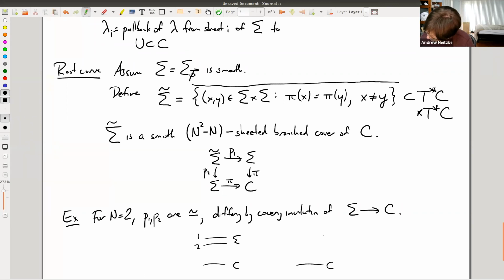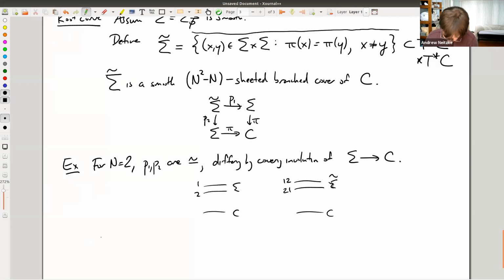And then sigma twiddle's sheets are supposed to be labeled by pairs. But what are those pairs? Well, one of the pairs is the pair 1, 2, and the other one is the pair 2, 1. And so there are two natural bijections between sigma twiddle and sigma. There's a bijection where you take the first element and the bijection where you take the second one. So that's all this is.